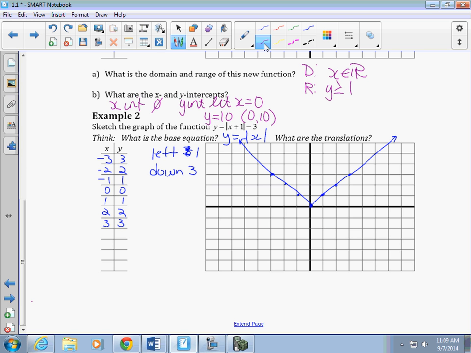So if I was at 0, 0, now I'm going to have to go left 1 and down 3. So that's my new origin, or my new 0, 0. And then the other points will follow in the same pattern. I'll go over 1, up 1, over 2, up 2, over 3, up 3, 4, 4, and so on. So then the other way it'll be the same.